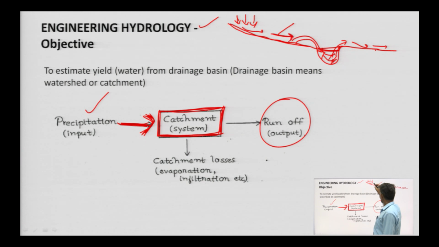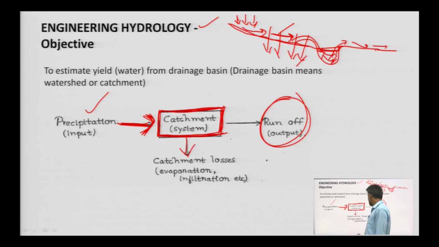After this loss, the water available to the catchment system will again penetrate into the ground, so there will be some losses.